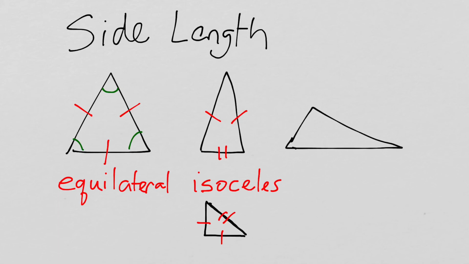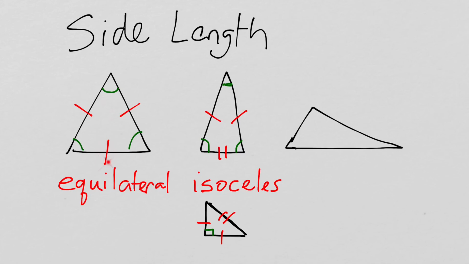This one happens to be an isosceles with acute angles, so it's an acute isosceles. This one is a right isosceles, but they're both isosceles because they have two sides the same length. Interestingly enough, an equilateral could also be called an isosceles because it also has two side lengths the same.